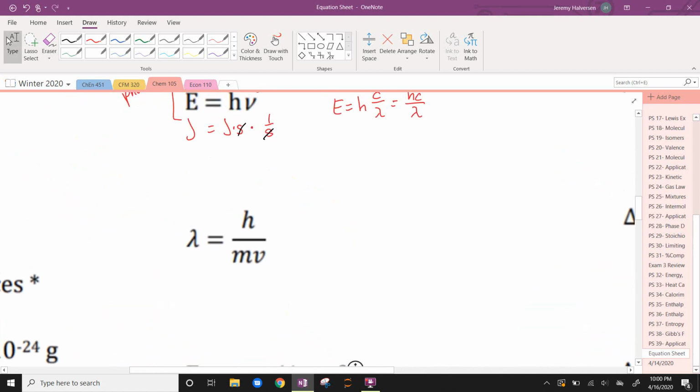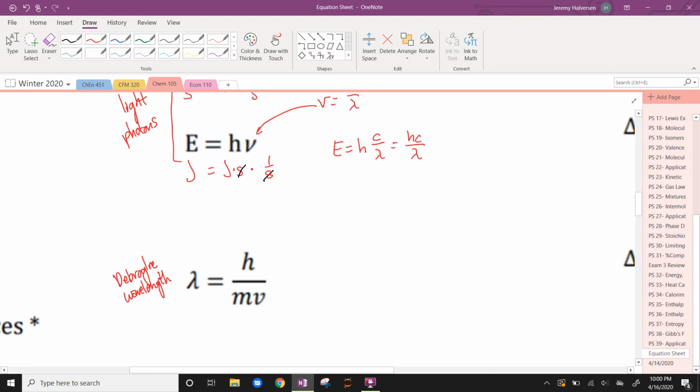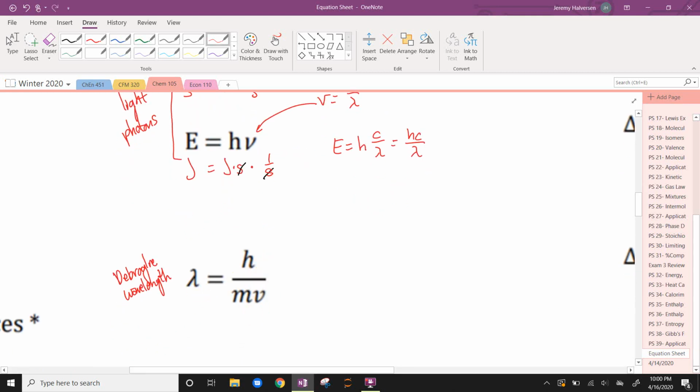This brings us here. This is the de Broglie wavelength. While these up here are wavelengths and frequencies of photons, this here is the wavelength of something with mass.